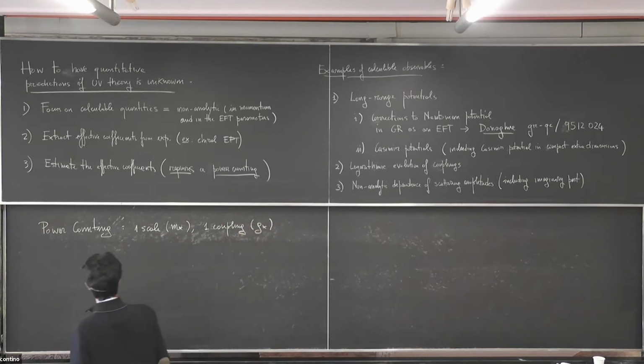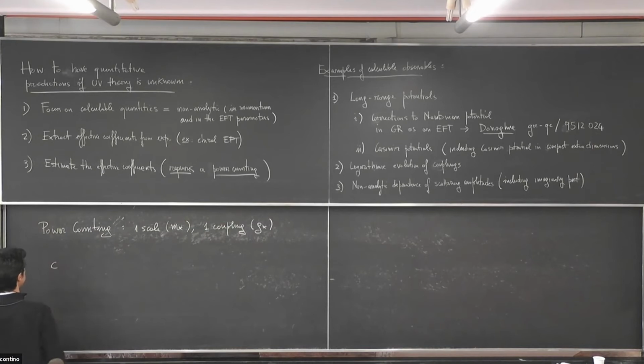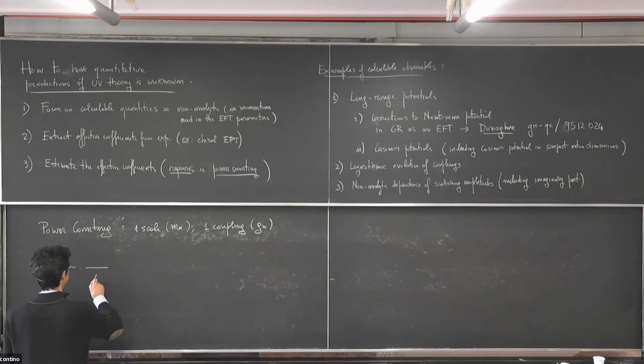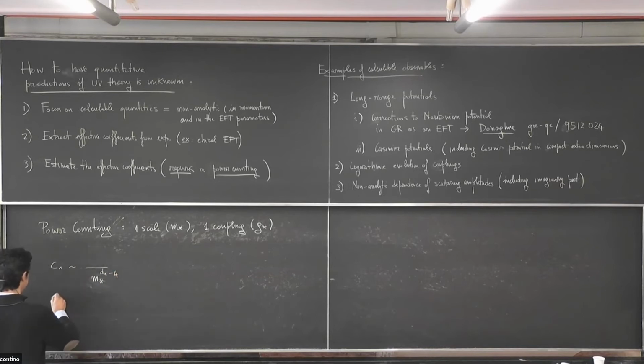Okay, so the coefficient C_i will have a certain dimensionality, so it will scale like a mass, which I call M star, to the power d_i minus 4, where d_i is the dimensionality of the corresponding operator.